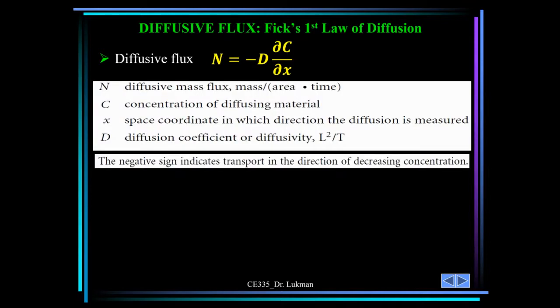The negative sign here indicates that transport is in the direction of decreasing concentration. As you move along the flow field, the concentration is decreasing. This is due to the mixing effect. And D is the coefficient of diffusion or diffusivity, and its dimension is L squared over T.